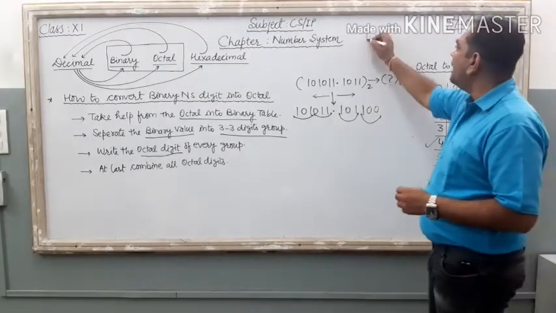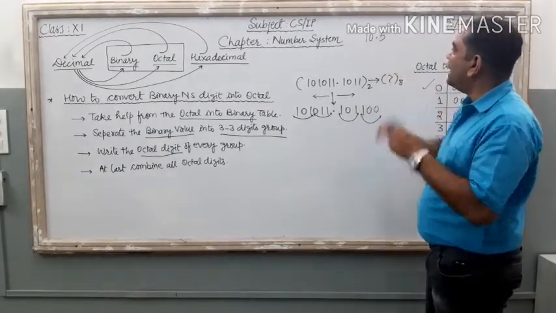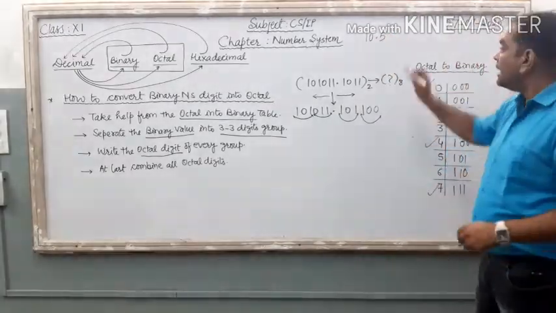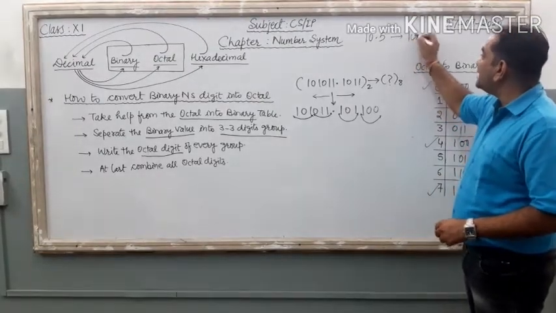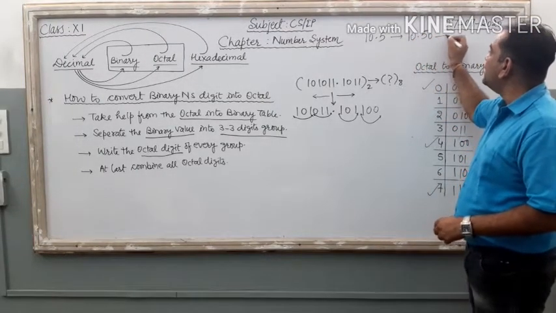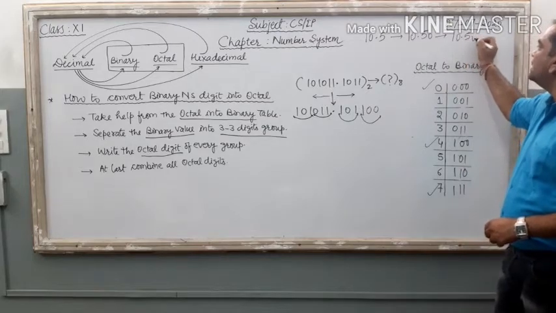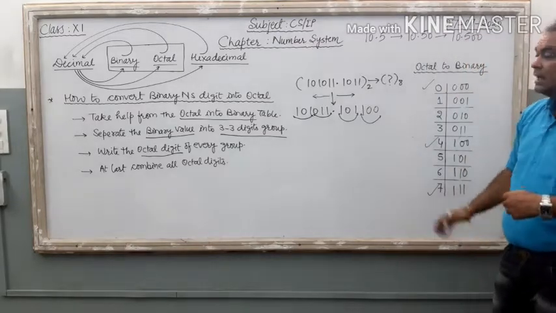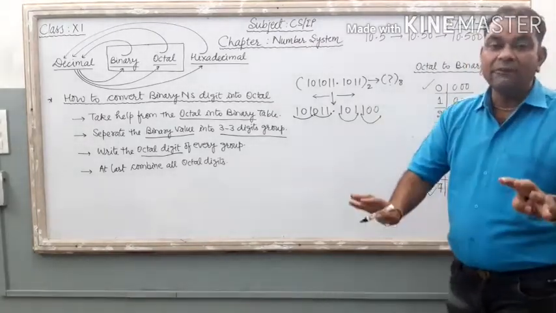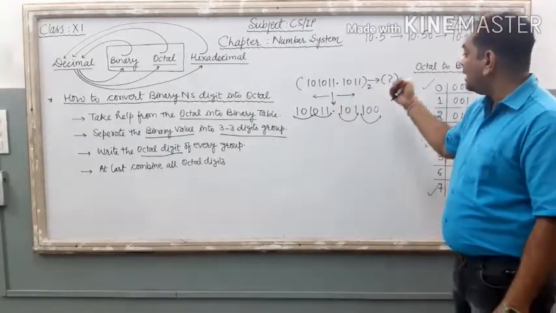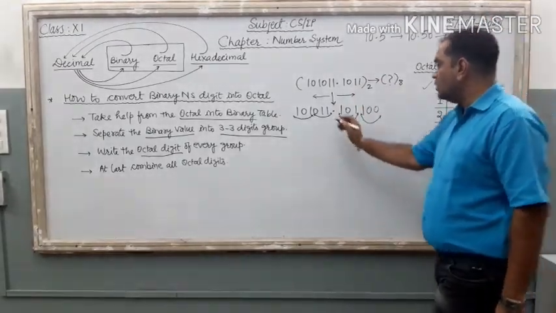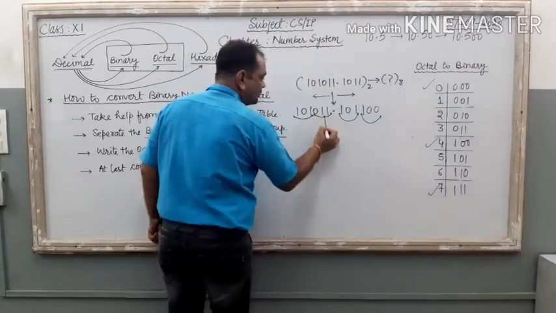It is the same. If you write 10.5 in decimal, 10.5 is the same as 10.50. It is the same as 10.500. So at the last, if we put 0, there is no effect on the result, right? So this is our first group.